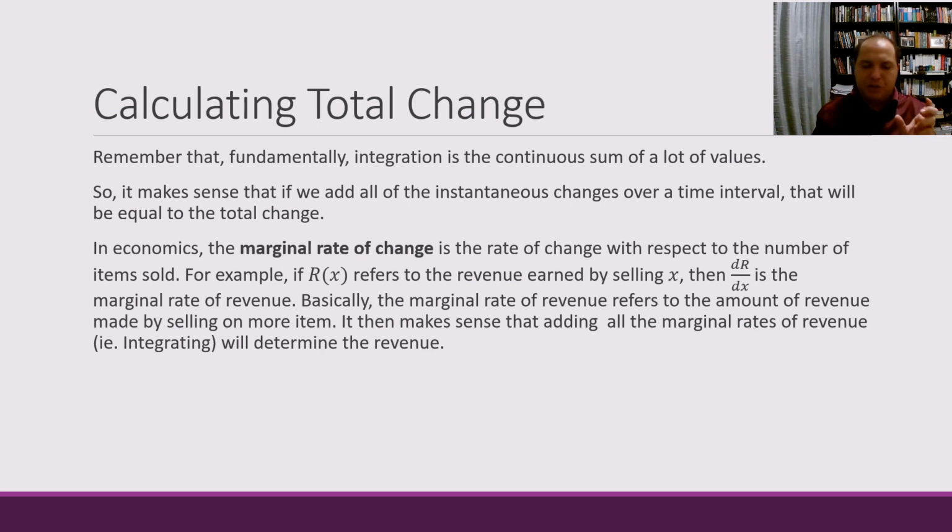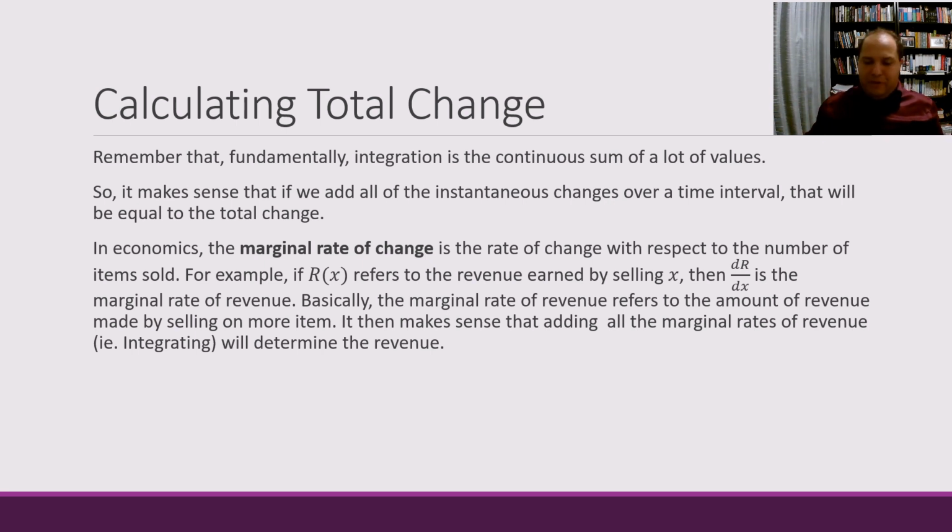We're adding a bunch of instantaneous rates of change over a time interval, and the sum means we get to add all those changes together and work out, hopefully, what the total change is. So if we integrate a derivative, if we integrate a gradient function, what we're doing is adding up all the changes over some interval and working out the total change across that interval.